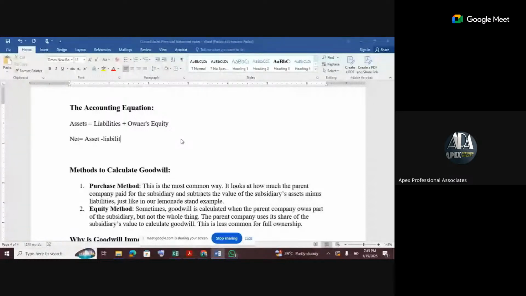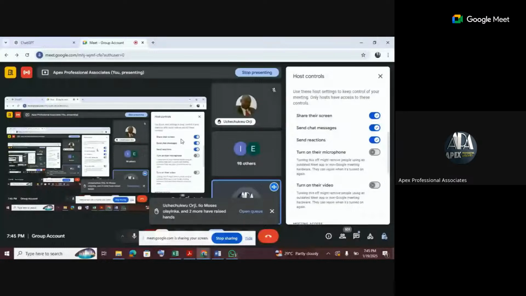So it means that the equity is equal to net assets. If I look at the equity part of my balance sheet, all of those figures put together, the total equity should be equal to the net asset. It will be what the subsidiary is worth at the particular time.